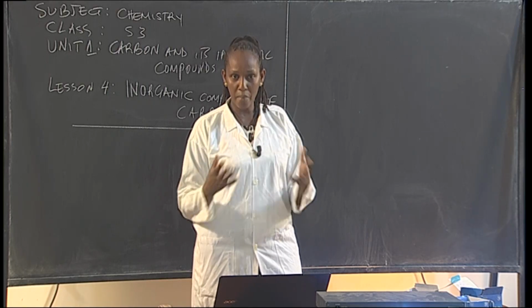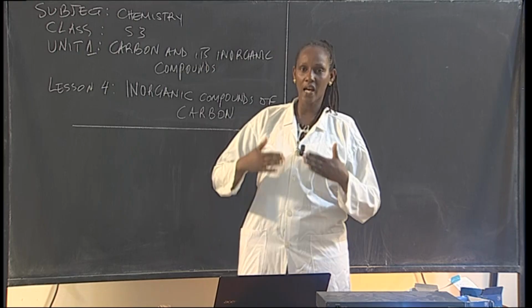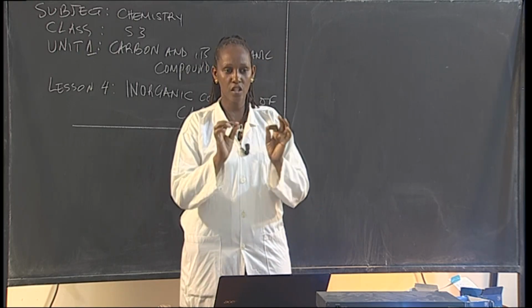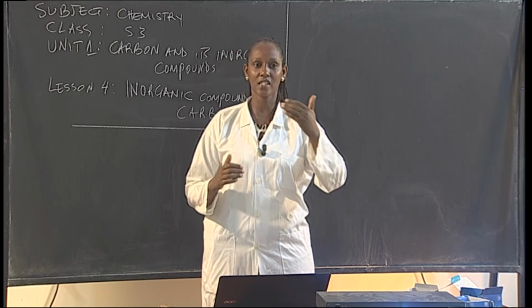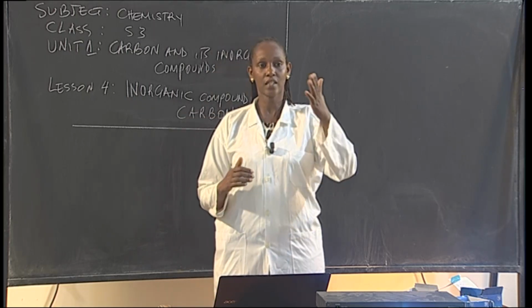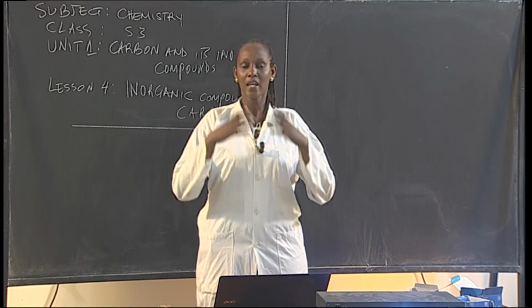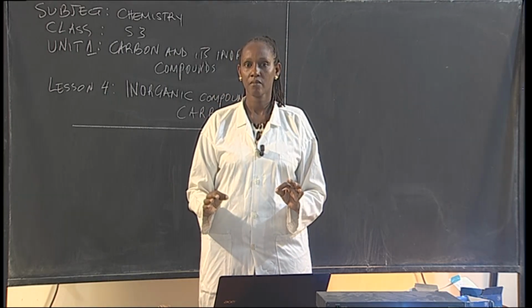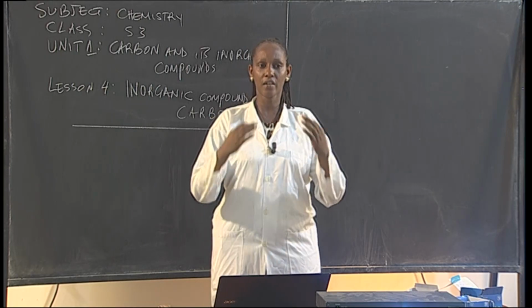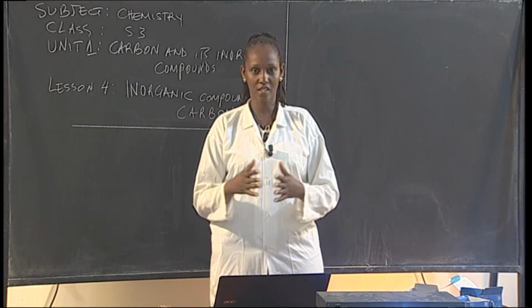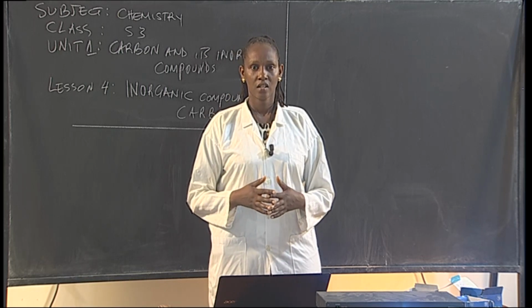All right? So you see, carbon dioxide is among the raw materials of photosynthesis. But though we have said it is very important in photosynthesis, when it is produced in large quantity, since it is among the greenhouse gases, together with nitrogen dioxide and sulfur dioxide, it becomes a problem.